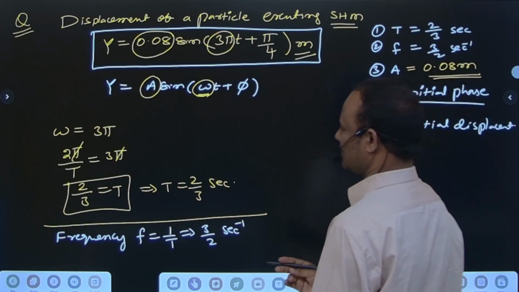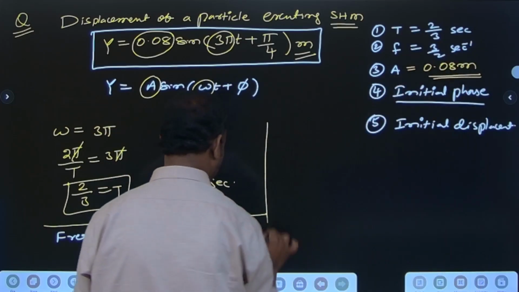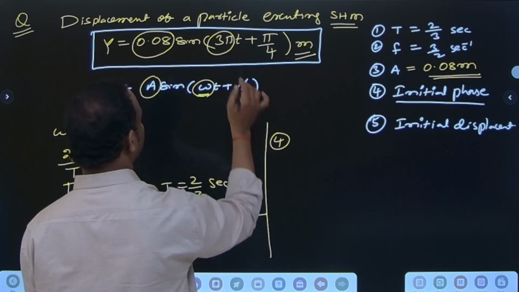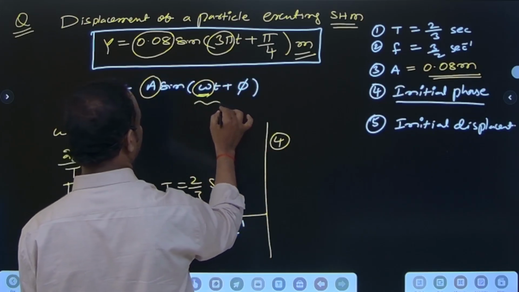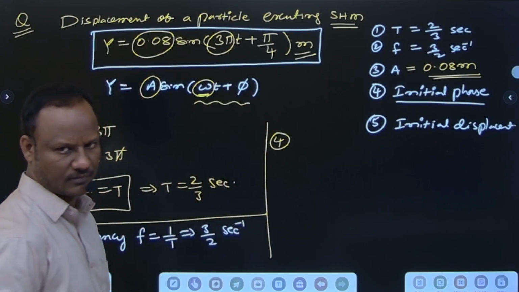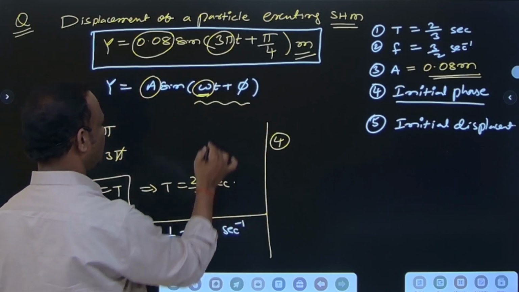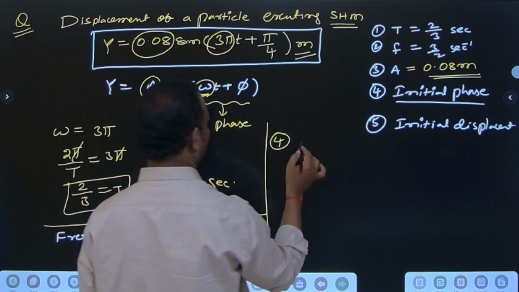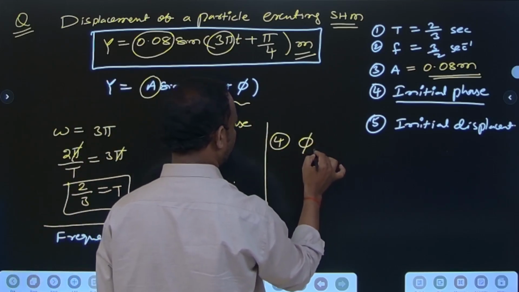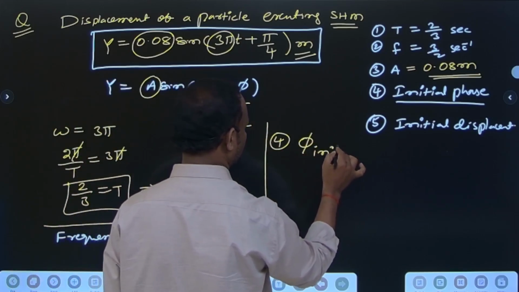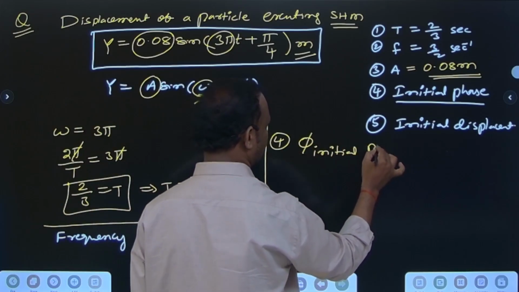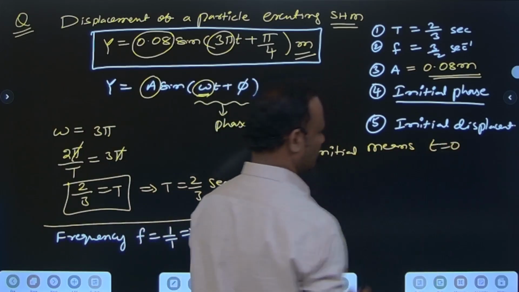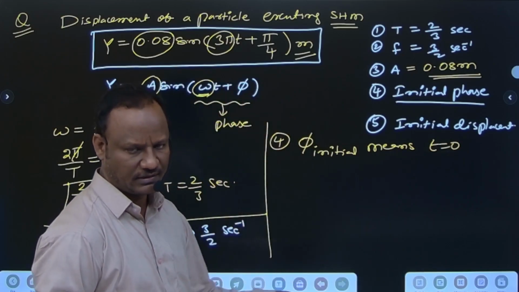What is initial phase? For the fourth question I am trying this one. This total is called the phase. Initial phase, phi initial, means at t is equal to 0.